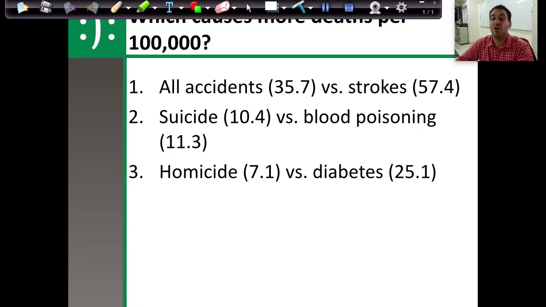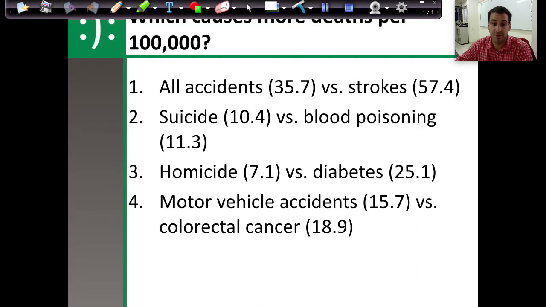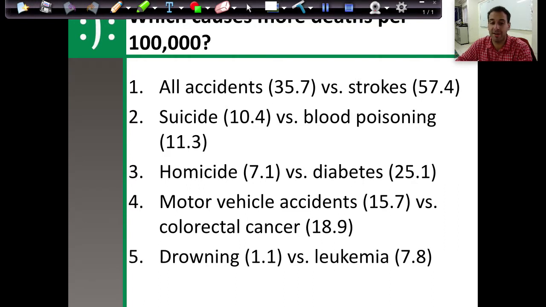Diabetes kills almost four times as many people as murders. Motor vehicle accidents, 15. This type of rare cancer, 19. Drownings, 1.1. Leukemia, 7.8. Yet parents are so worried about drownings, even though they happen so rarely compared to leukemia or any of these others.